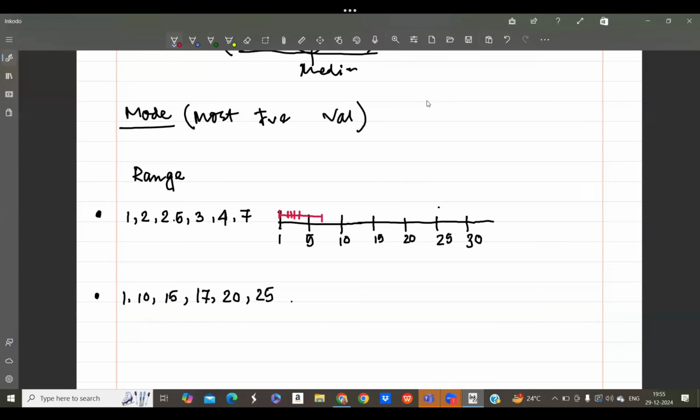And if we plot this other one, we'll start from here: 10, 15, 17, 20, 20. So visually also we can understand that this one has a small range and this one has a bigger range.